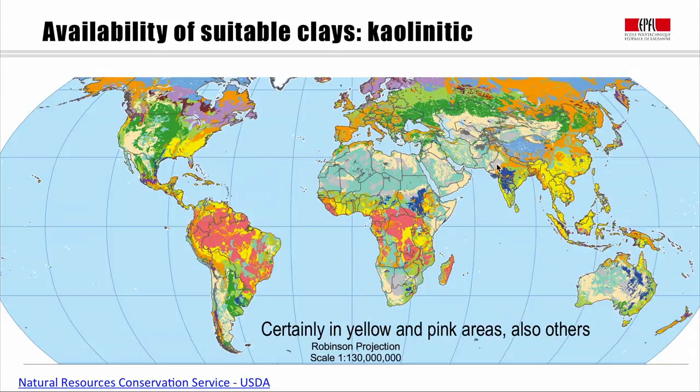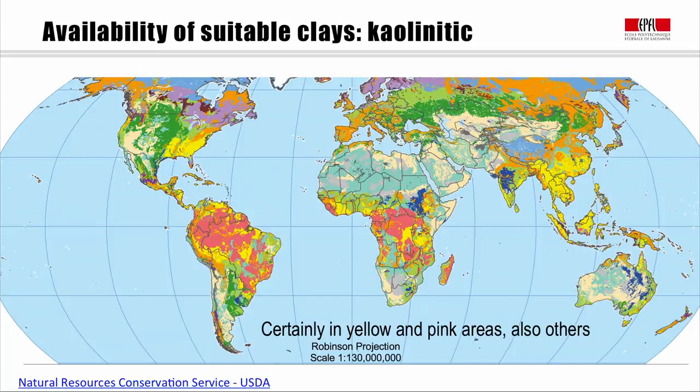For example, in this region of India, in Gujarat and Rajasthan, which on this soil map would appear not to be so suitable. So what's the main message here is the kind of clays we need are incredibly abundant throughout the world. The reserves are virtually unlimited.